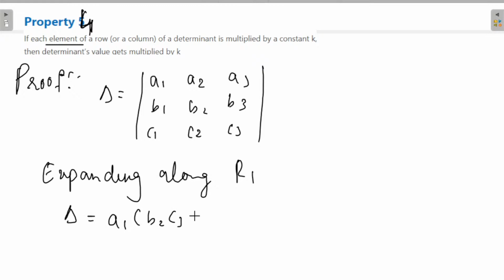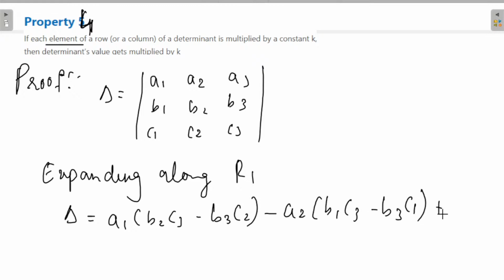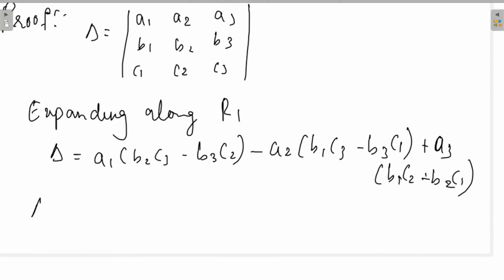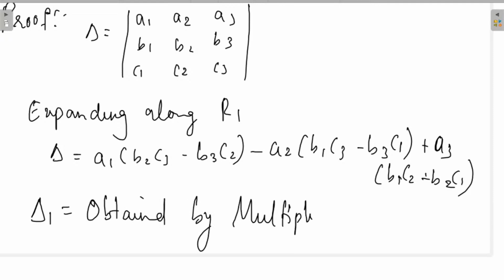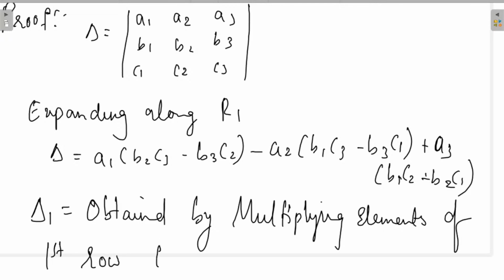What we get here, the determinant is equal to what? a1 (b2 c3 minus b3 c2). In the first example I did it. Okay, this is the value we get. Now what you have to do then, there should be delta 1, which is obtained by multiplying the elements of first row by k.